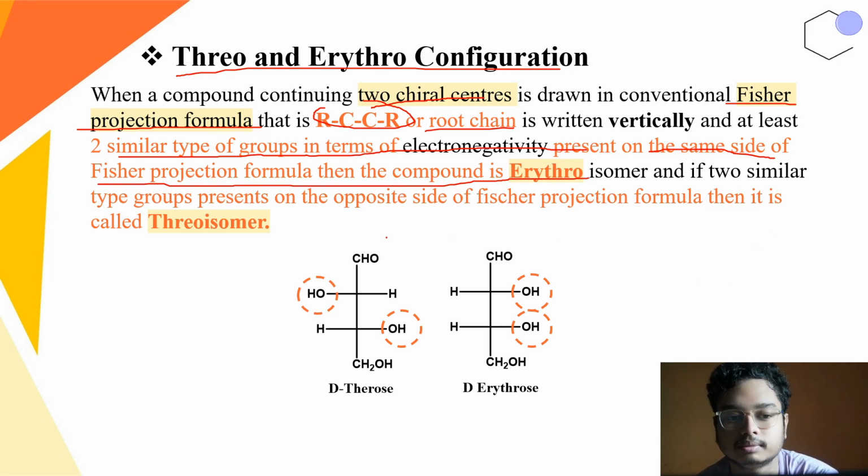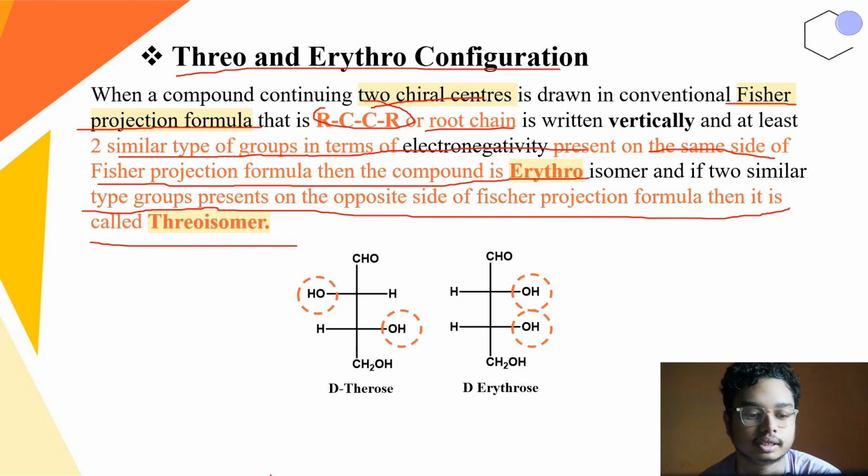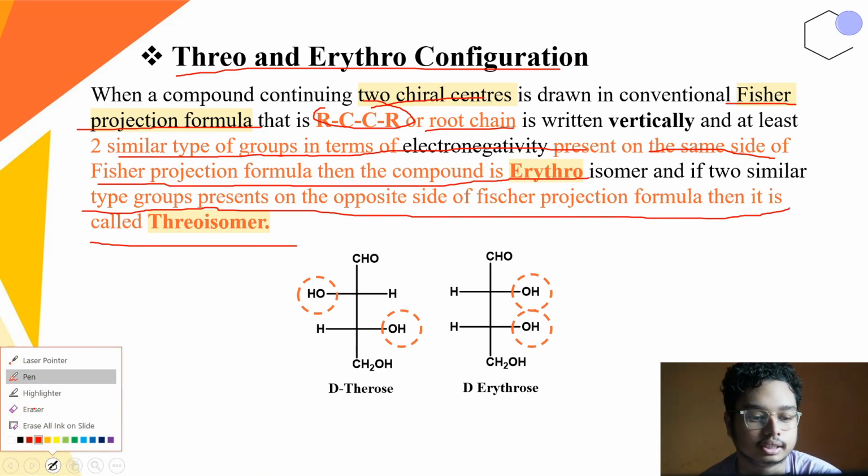And if the two similar types of groups are present on the opposite side of the Fischer projection, then it is called threo. Now what is written in this particular line, we just have to understand.